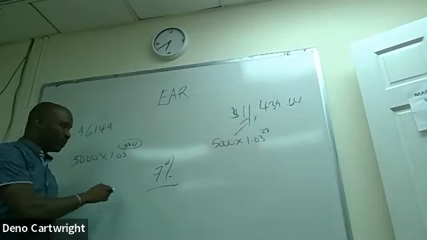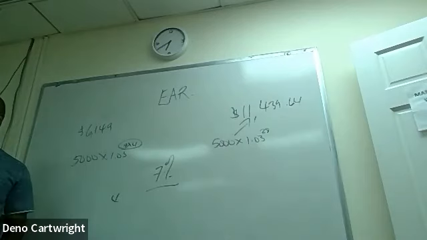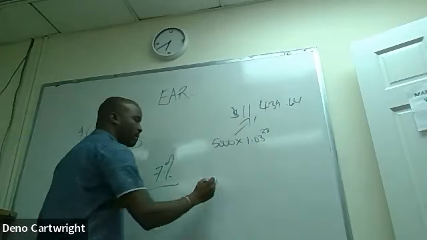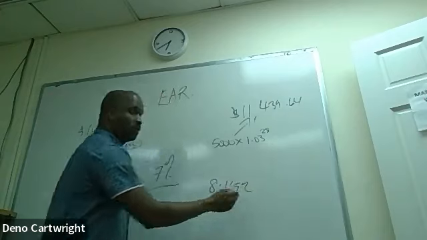If they're paying it quarterly, they're taking the 7, dividing it by 4, and every time that interest hits, it's going to be recalculated. So at the end of the day, you may be paying 8.49%, just saying, right?